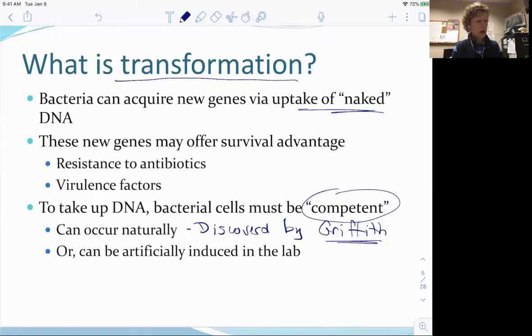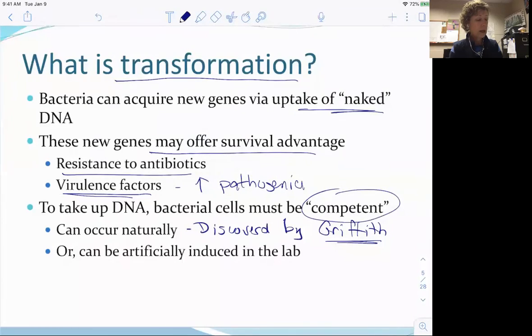So in nature, these can offer survival advantages. So if they do pick up a resistance gene to antibiotics, it helps them survive. If it's a pathogen that's in the human body, that would enable them to survive the antibiotic. There can also be virulence factors, so things that increase the pathogenicity or deadliness. And there's a few well-known examples of that where bacteria have acquired genes that enable them to produce toxins and things like that.